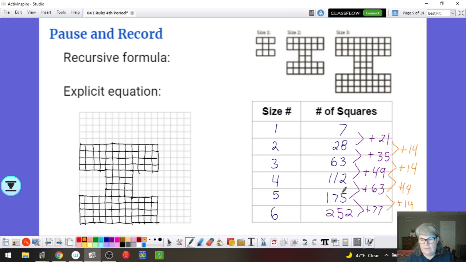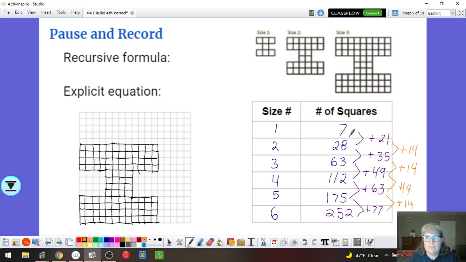So we add 77 to the 175, and we have 252 squares. Now you can see how quickly this grew, and it's because of how quickly these numbers grew that we're not graphing this one. If we did, it would be a very narrow graph. And actually, once we get some equations here, I will show you what the graph would look like.